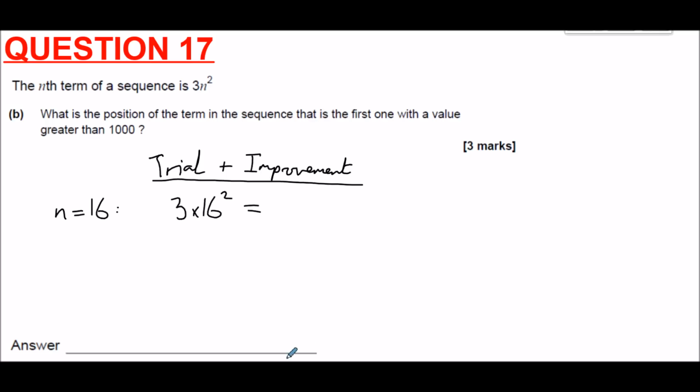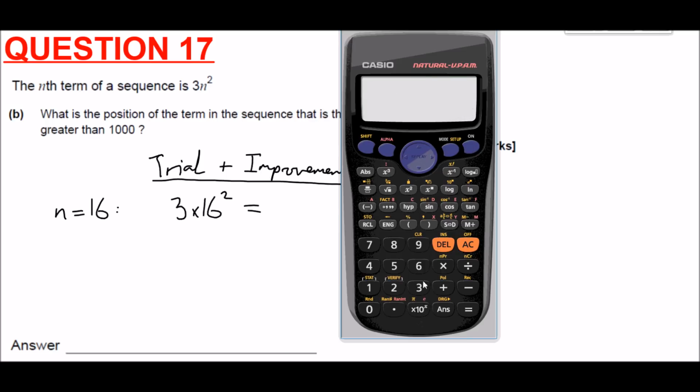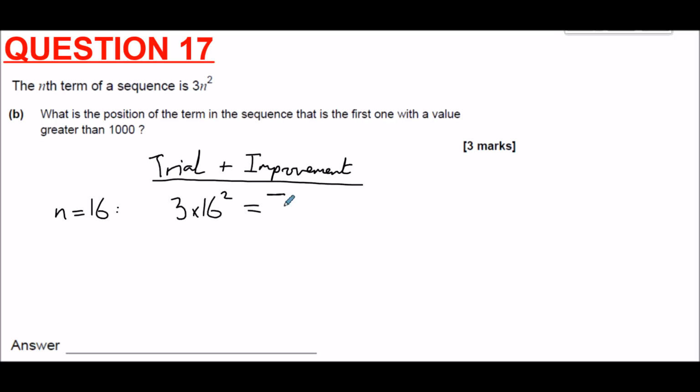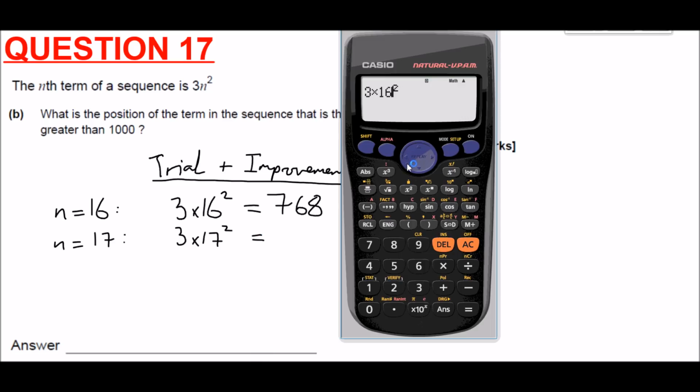3 multiplied by 16 squared, what would that be? 768. Getting closer, but not there yet. So try n equals 17. Just go back and change it to 17 squared.